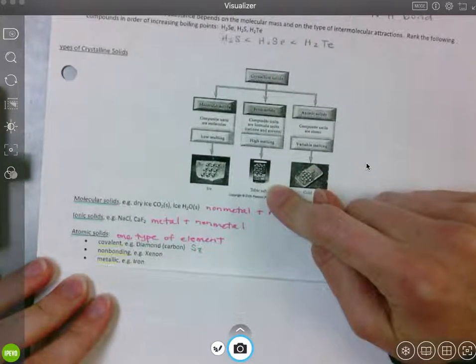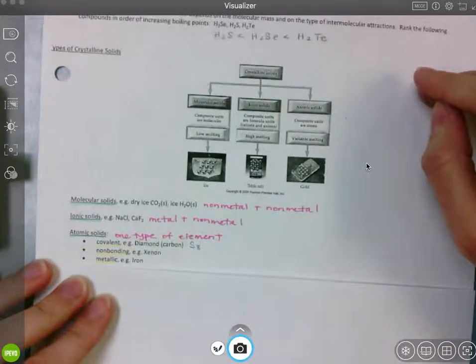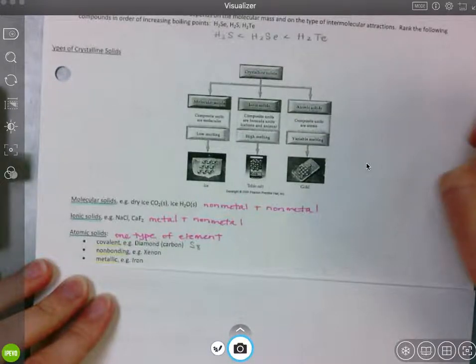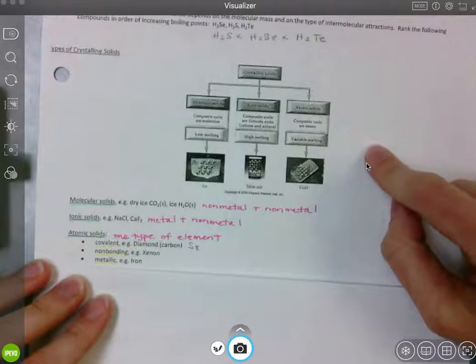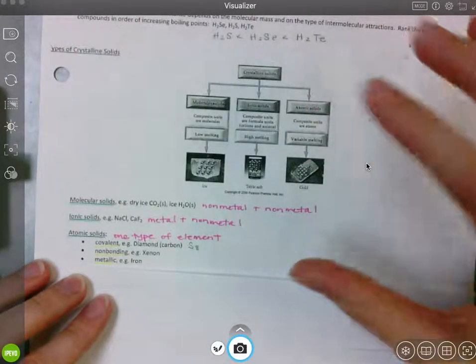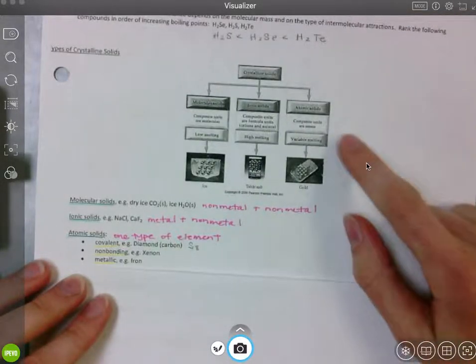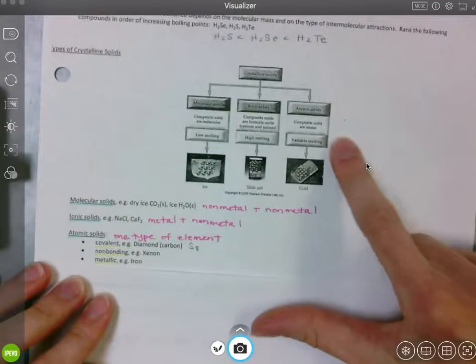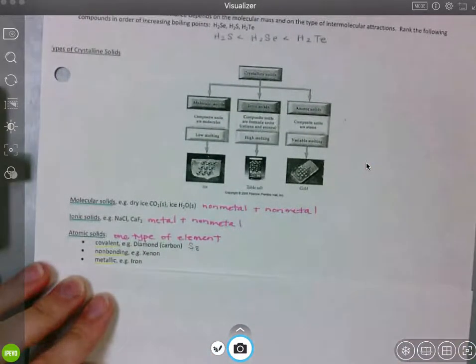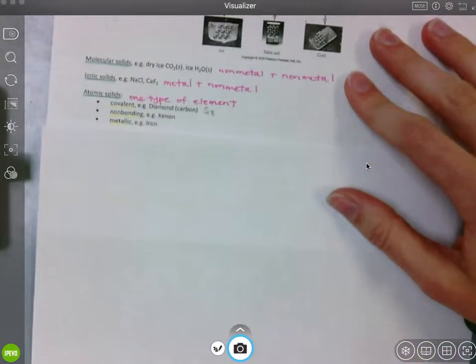Ionic solids like table salt have really, really high melting points. It takes a lot of energy to break apart the sodium and chlorine, those forces between our ions. And then atomic solids, because we have 3 different types, our melting points vary. So that's why it says variable melting points.